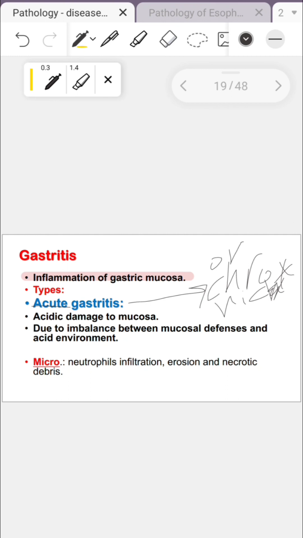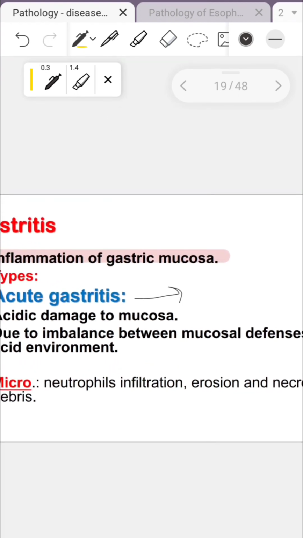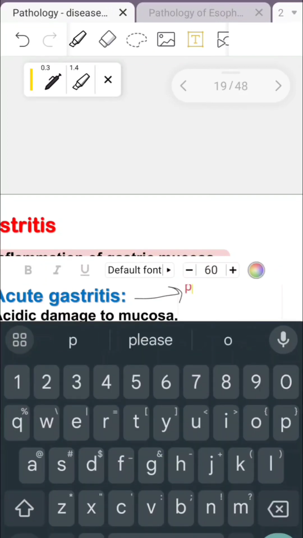Neutrophils indicate acute inflammation. Throughout the GIT, the presence of neutrophils indicates acute inflammation. Even if it is chronic, if we see neutrophils, it means an acute attack in a chronic process. Understood? The presence of neutrophils within the mucosa in a patient with gastritis indicates acute inflammation, even in a case of chronic inflammation.